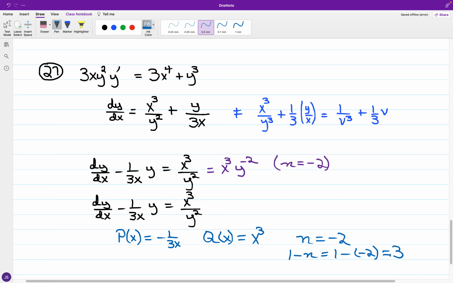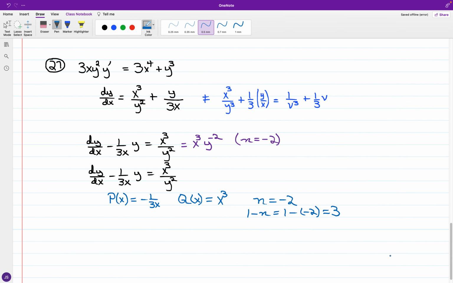I'm going to get a bit redundant once again, setting things up in terms of the substitution variable v. I have v is equal to y to the 1 minus n, where we have n at negative 2. So y to the 1 minus negative 2, that will come out to y to the third.